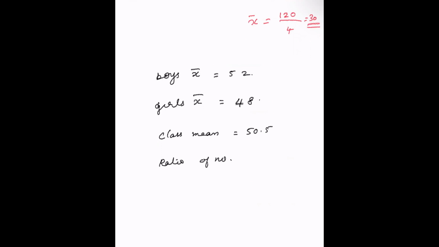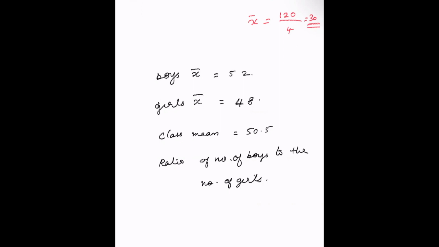Ratio of the number of boys to the number of girls. This is what you need to find out. So the ratio of the number of boys to the number of girls, this is what you have to calculate. The class mean is given. The boys mean is given.